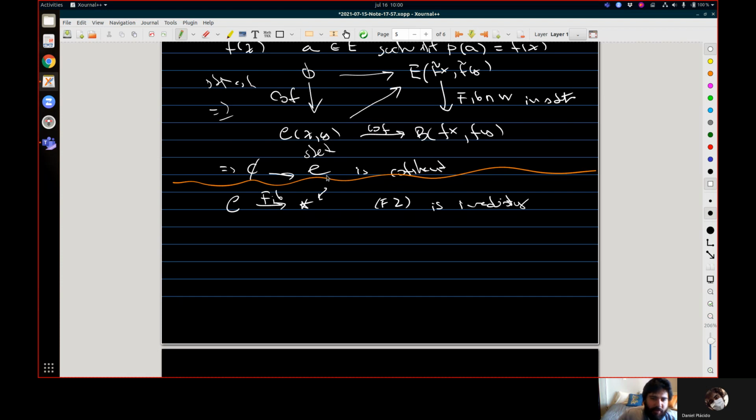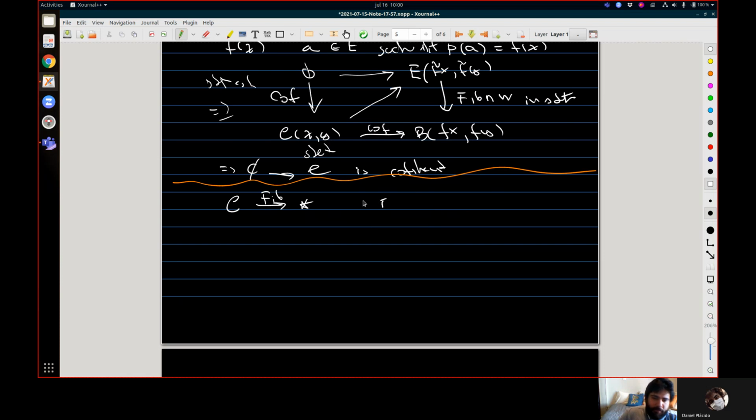Because here we have a single object and the morphism complex is just a bunch of points. So we always have a lift. Note that the map to the point category is always an isofibration. So condition F2 is trivial.